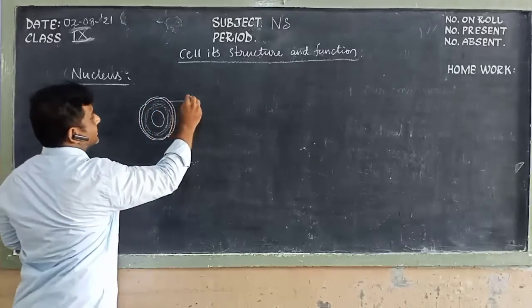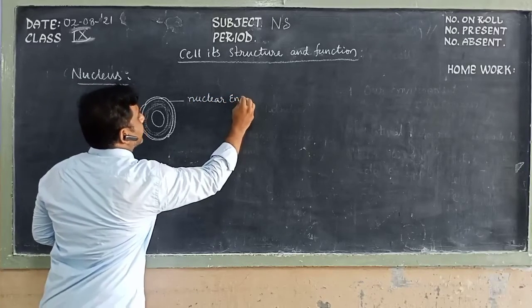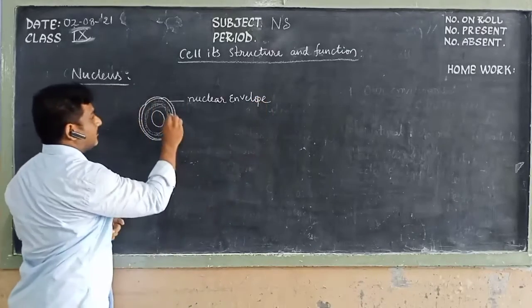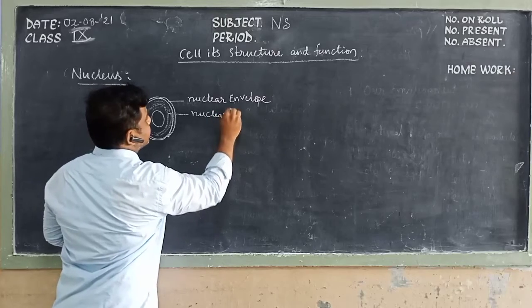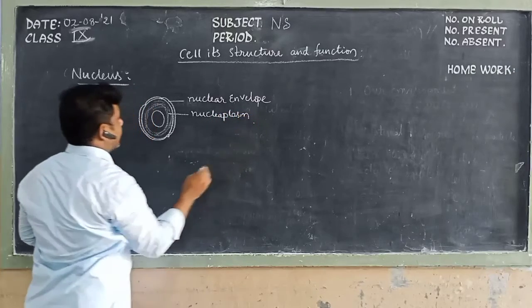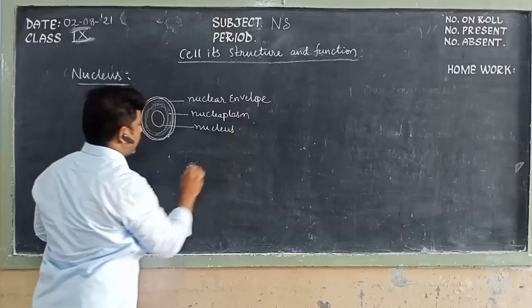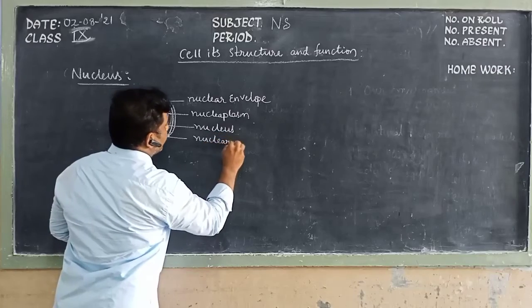This is called the nuclear envelope. This is known as nucleoplasm. This is known as the nucleus. And this core is called the nuclear core.